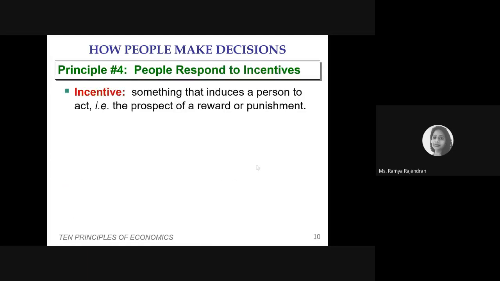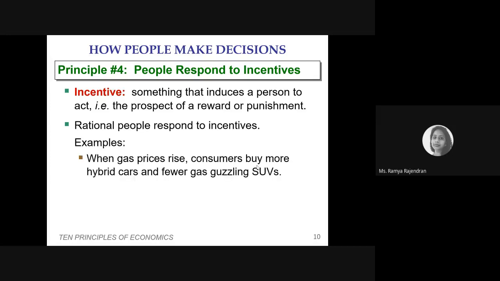Principle 4 is people respond to incentives. Incentives, I think you all know what an incentive is. It actually induces a person to get a reward or a punishment. So here rational people respond to incentives.